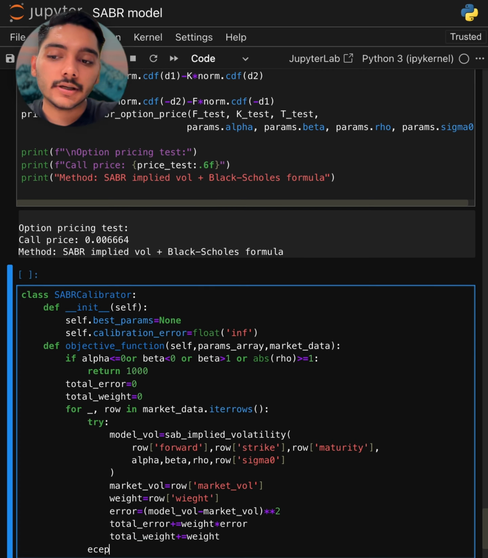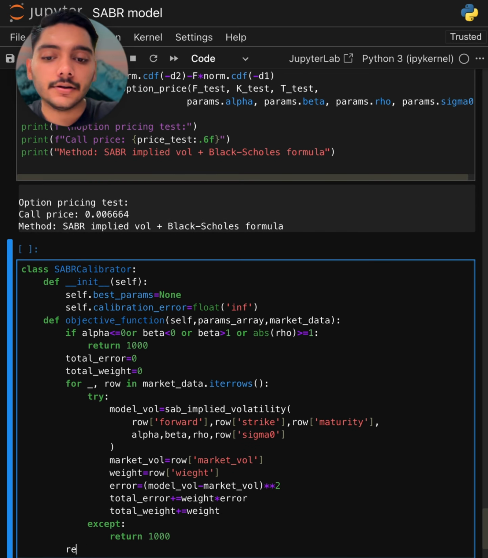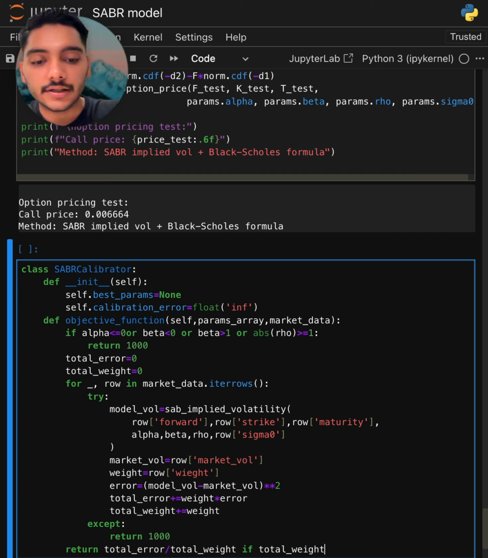So except, we return 1000, and then we will return total error upon total weight if total weight is greater than 0, else it will be 1000.